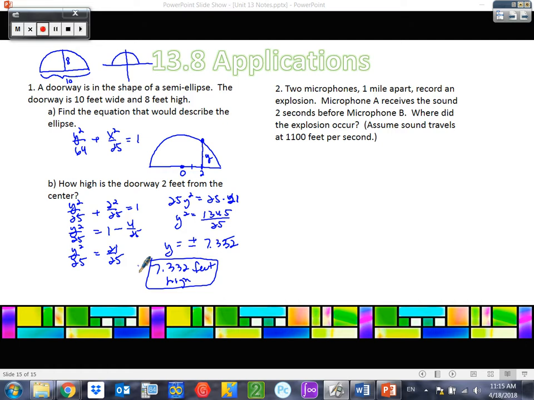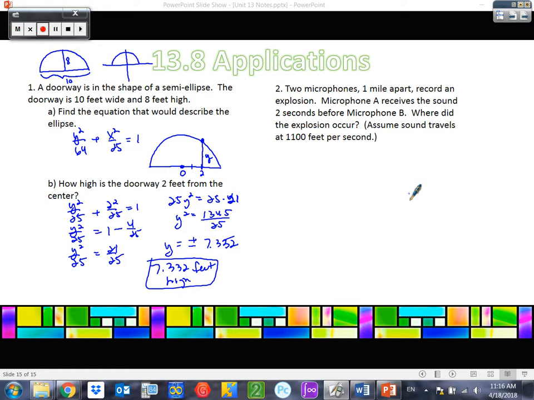We know that microphone A receives the sound 2 seconds before microphone B. So they receive the sound at different times, and that's a difference. Do we remember one of the conics that has the word difference as part of its definition?